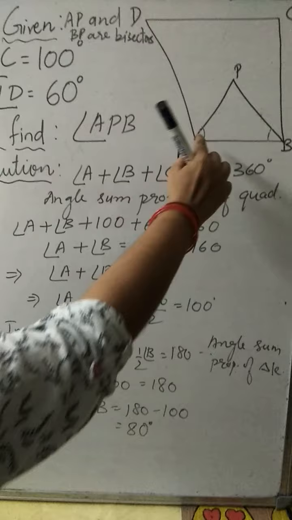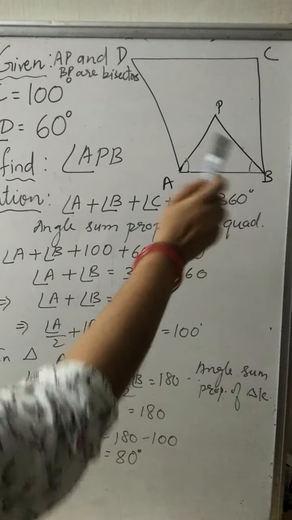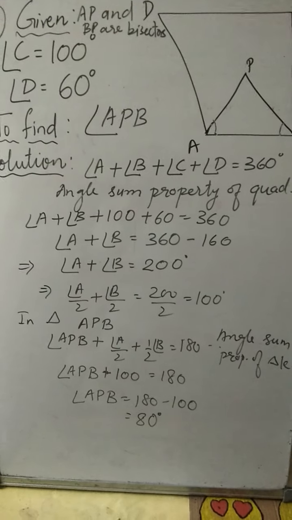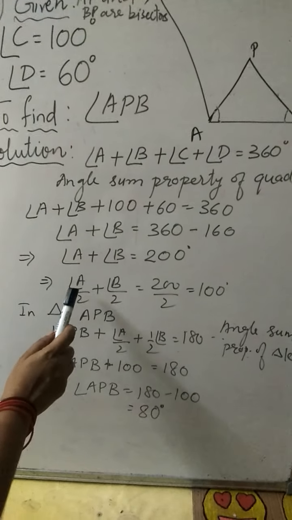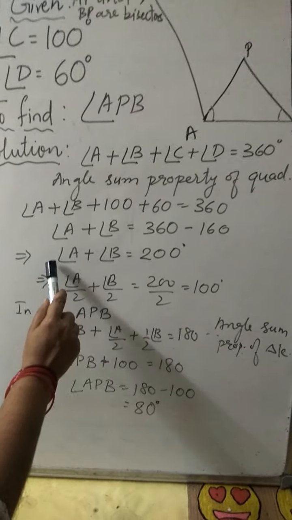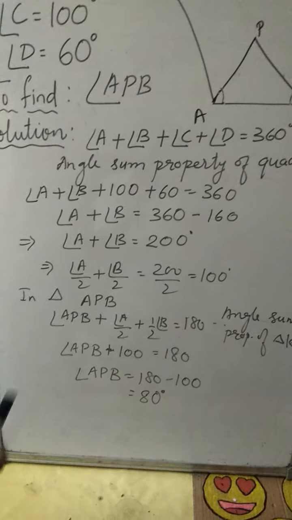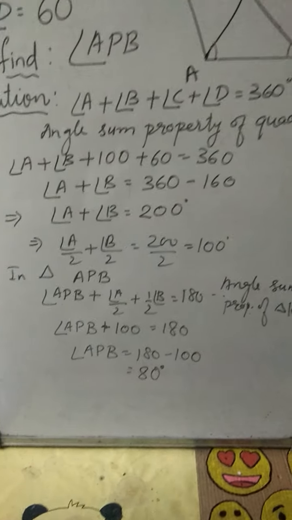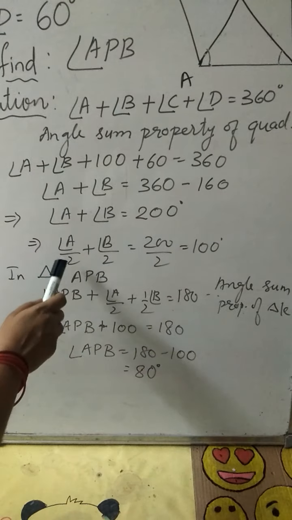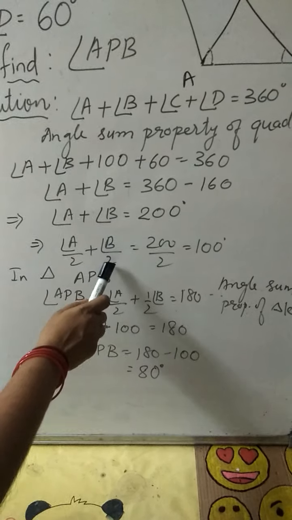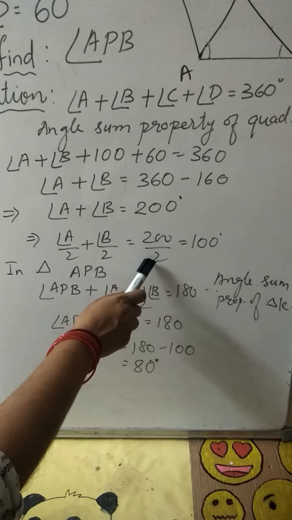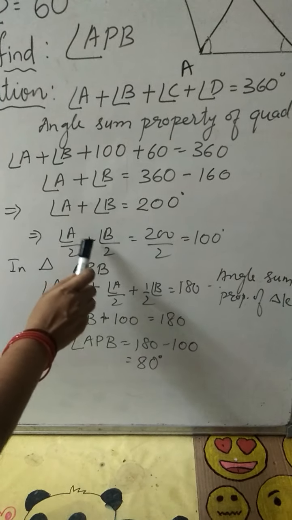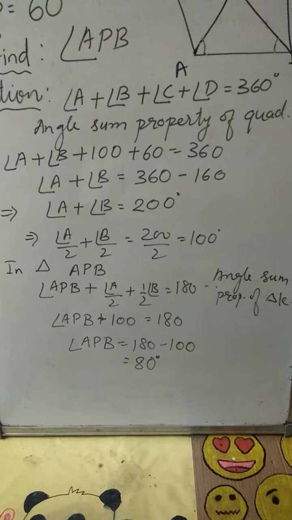Because we need only this part, we will divide this whole equation by 2 so that we can get the value of half of angle A. Whatever operation you apply on the LHS should be applied on the RHS also. So half of angle A plus half of angle B is equal to 200 by 2, which is 100 degrees. That means half of angle A plus half of angle B is equal to 100 degrees.